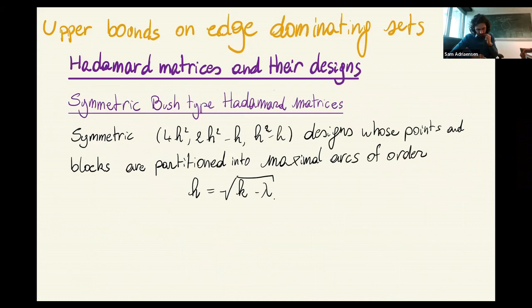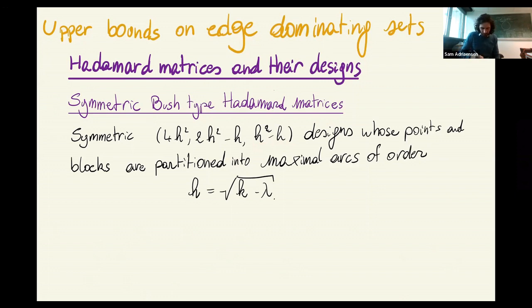And I will very briefly mention some other designs coming from Hadamard matrices, which are called symmetric Bush-type Hadamard matrices. They have these parameters: for some integer h, it's 4h squared, 2h squared minus h, and h squared minus h.